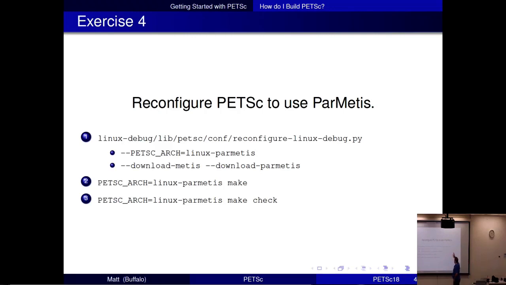No problem. You just do the reconfigure, and you say, go ahead and download these things and build them, and it will download, build, link them in, turn on the interfaces in PETSc, and you should just be able to use it. By default now, we build shared libraries, so you shouldn't have to recompile your code at all when this sort of stuff happens.